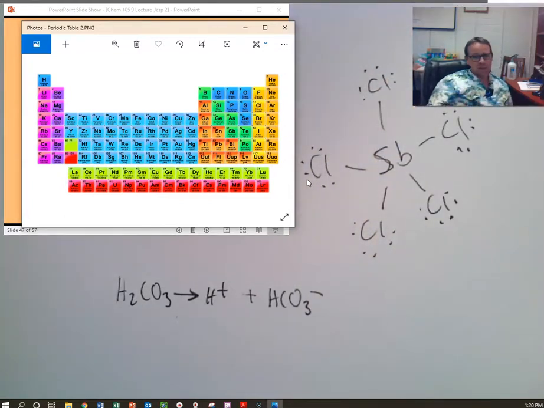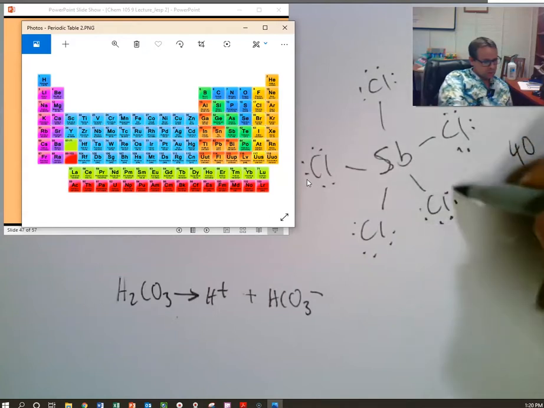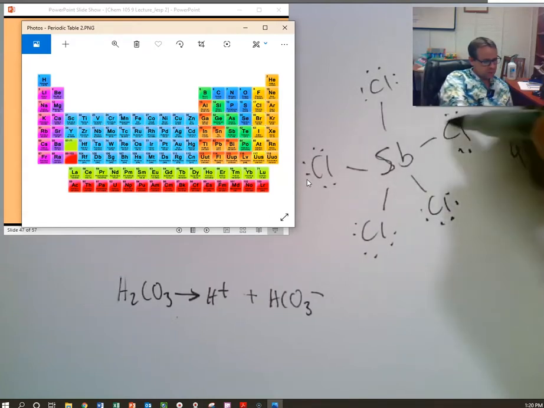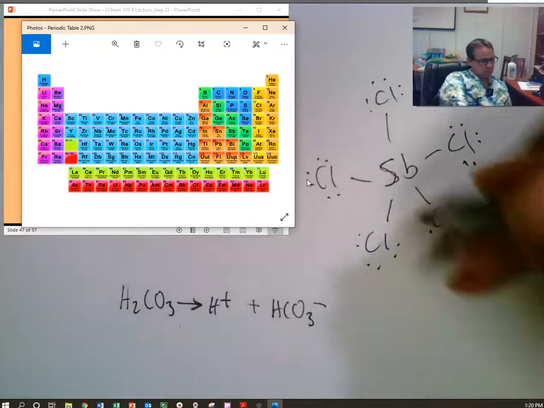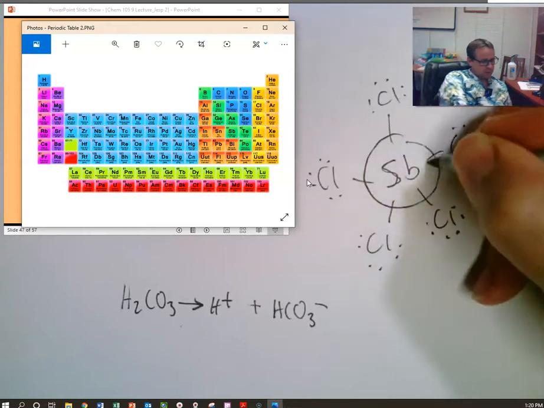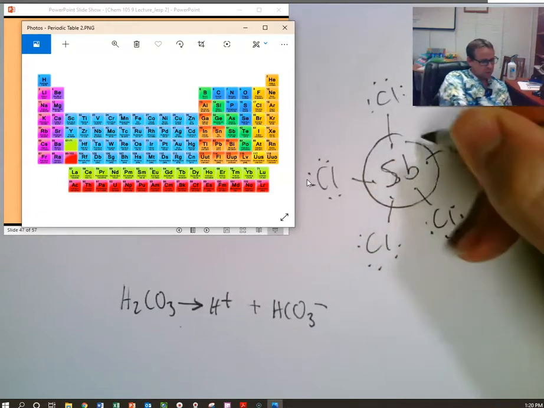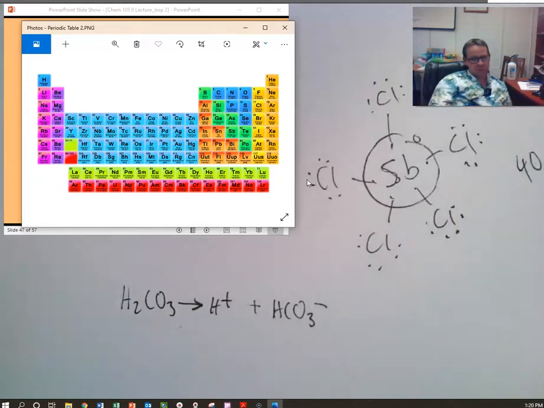We said we had 40 electrons total, 7 times 5 plus the 5. So there's now 8 electrons around each of these, 8 times 5, so that's 40 electrons. So that compound looks good. Antimony brought 5, has access to 5, so there's no formal charge on any of these atoms.